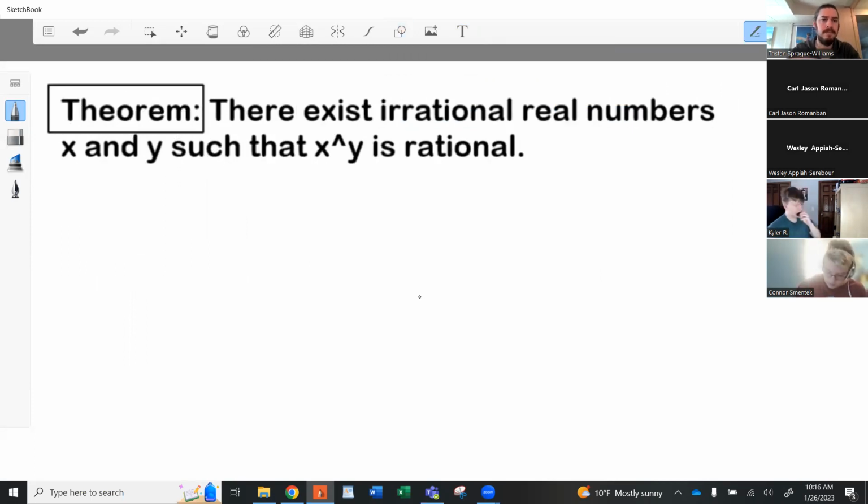Proof: there exist irrational real numbers x and y such that x to the power y is rational.